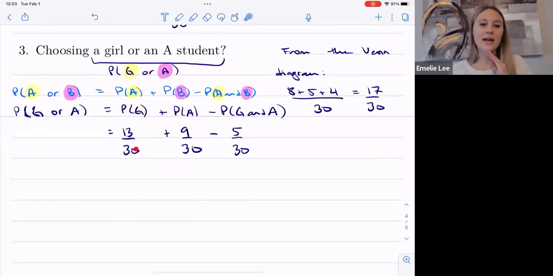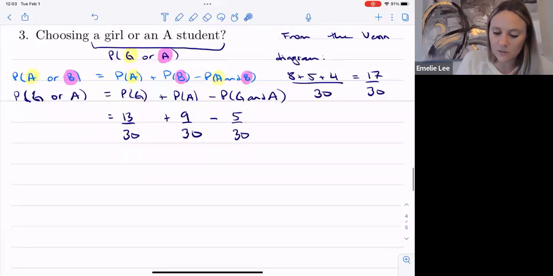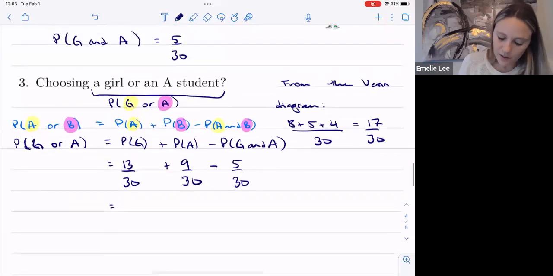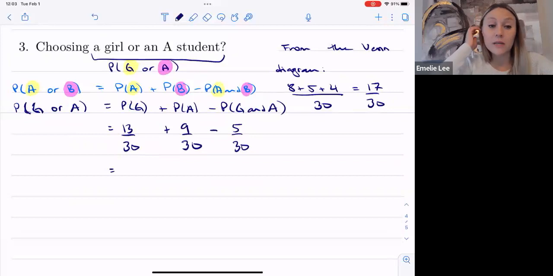Now, if you had used rounded values here, I would encourage you to keep at least 4 decimal places. But in this case, because we're adding and subtracting fractions and we have a common denominator, that's safe. We should be comfortable with fractions. A common denominator of 30 means I can just add and subtract the numerators.